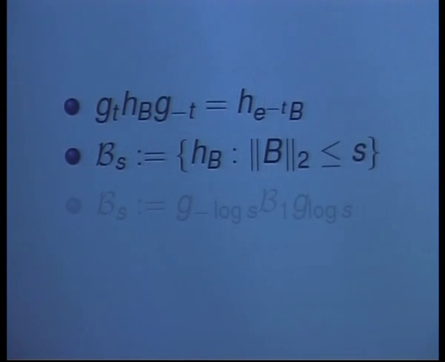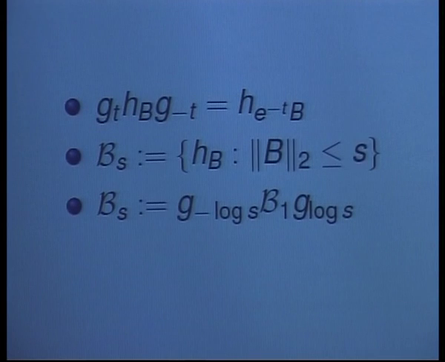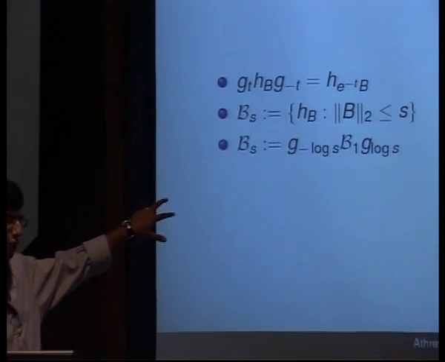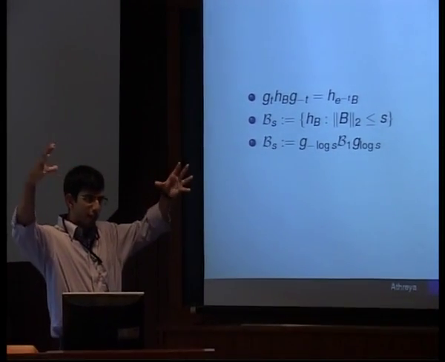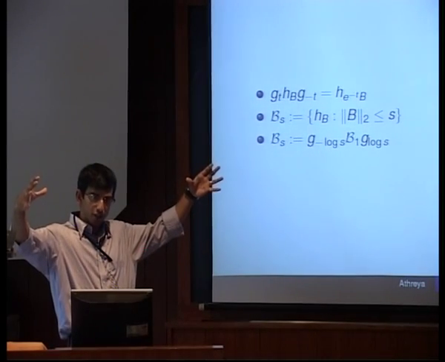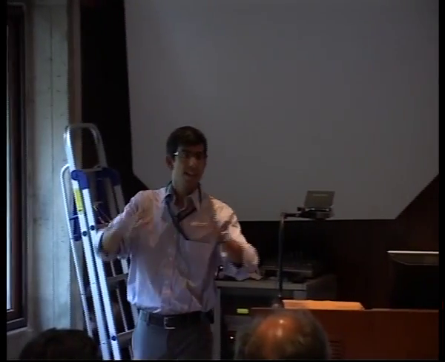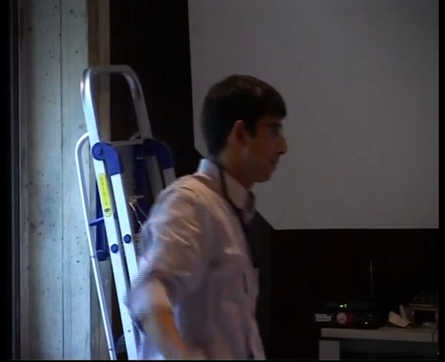It's all the matrices H_B with norm of B less than or equal to S. Just notice that the above relation means that B_S is obtained by taking B_1 and conjugating it by g_{-t}, and you're getting these bigger and bigger subsets of your subgroup H. So now the most precise question I'm going to look at is this: I'm going to start with the point x, look at the orbit under B_S, and ask what's the farthest it has gone into the non-compact part. Similarly, I'll look at it under g_t and ask, how far is it in the non-compact part?